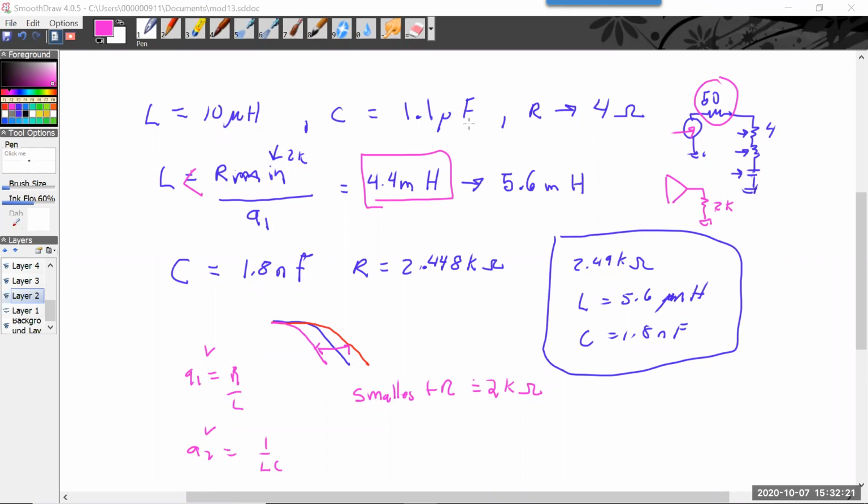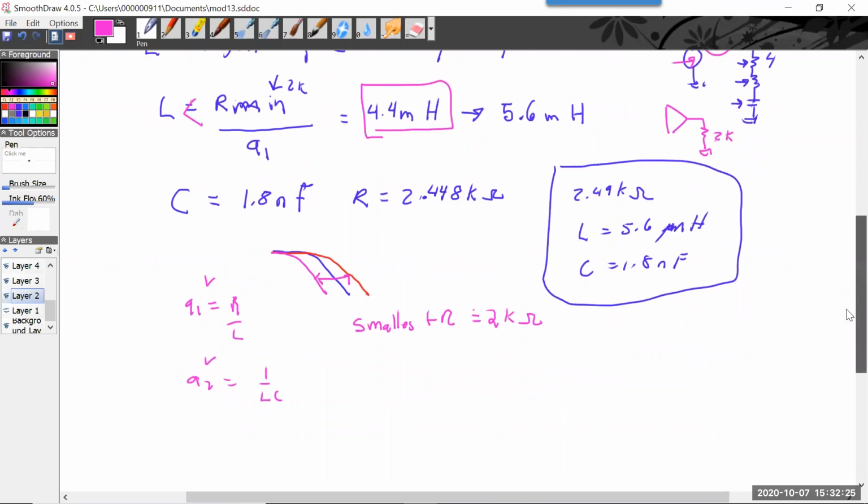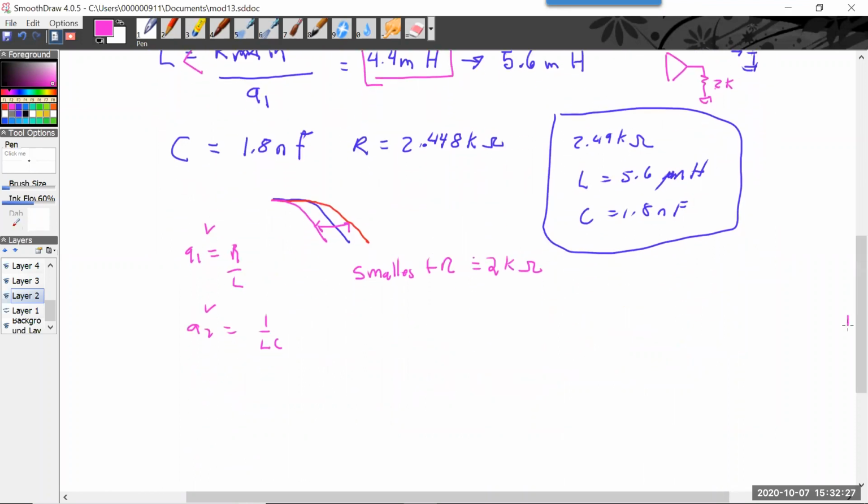Okay, Sam, let me try a slightly different approach. One thing I know before I start is that R has to be greater than 2 kilo ohms.